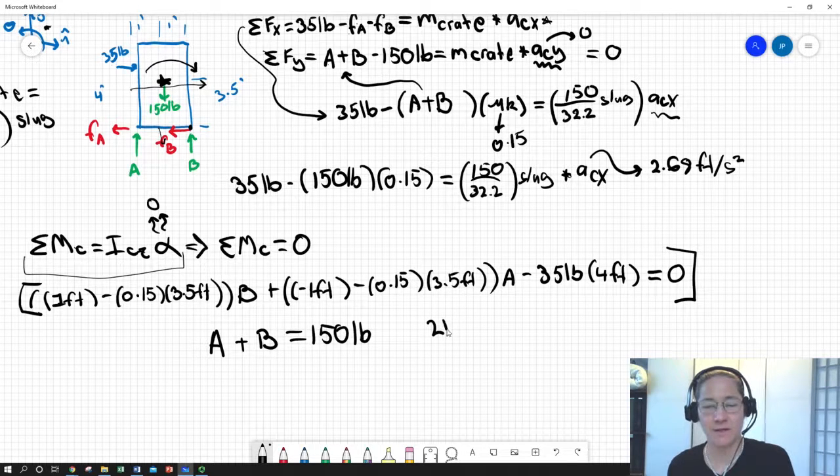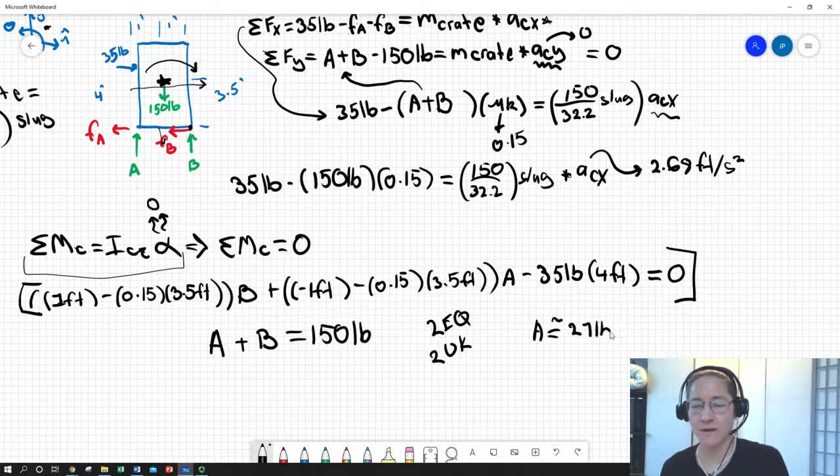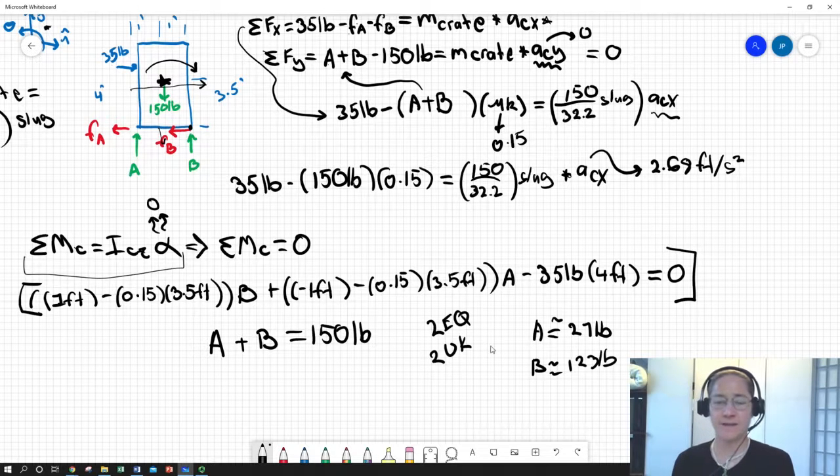So I have 2 equations and 2 unknowns, and I can solve for A and B separately, and I believe we end up with a normal force at A of approximately 27 pounds, and the normal force at B being approximately 123 pounds. So they sum to 150.